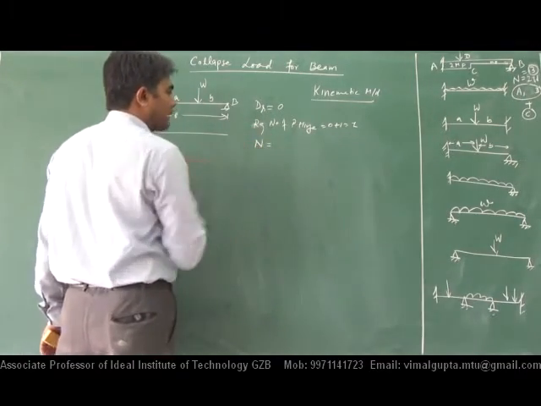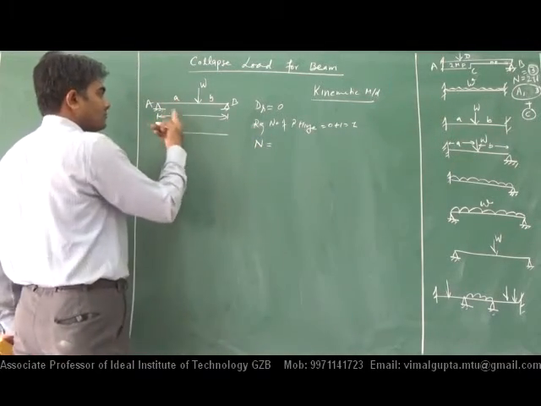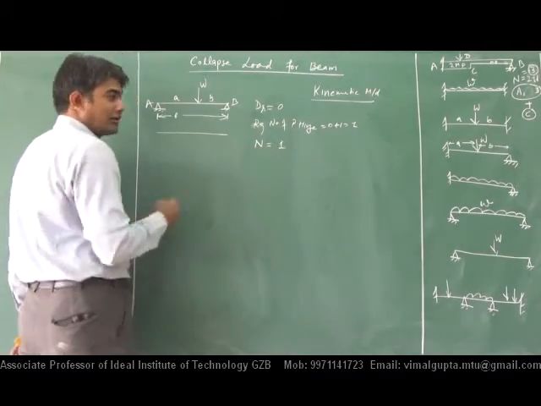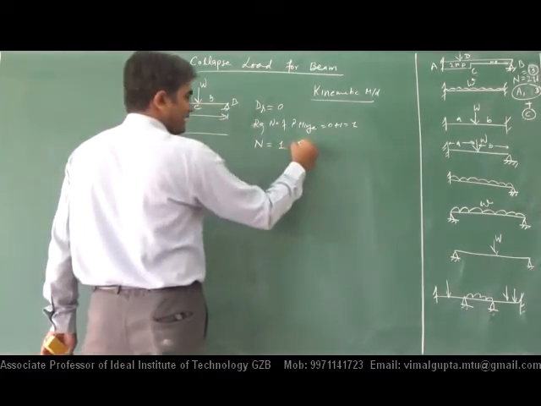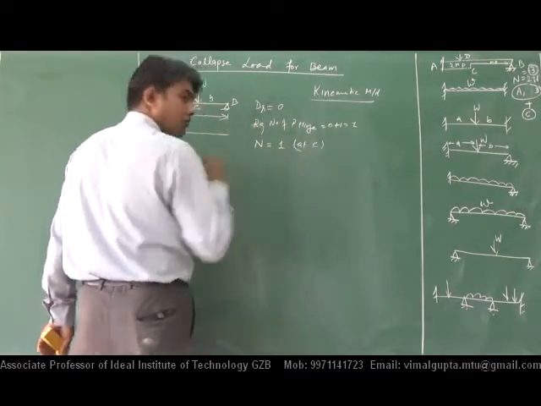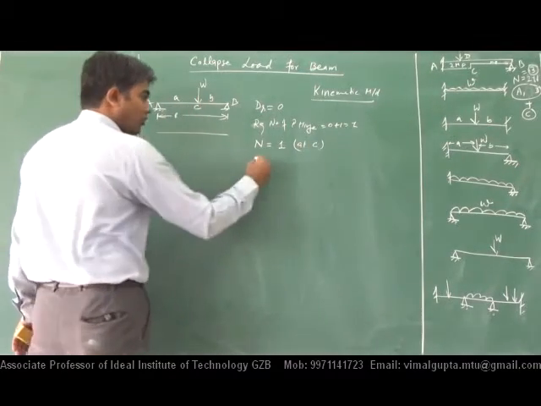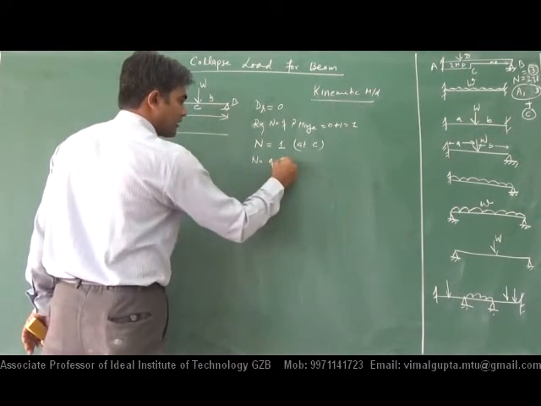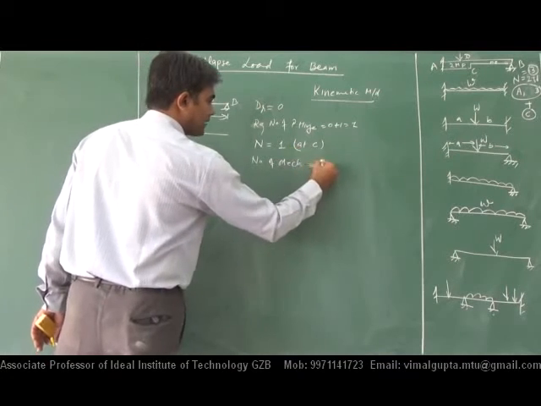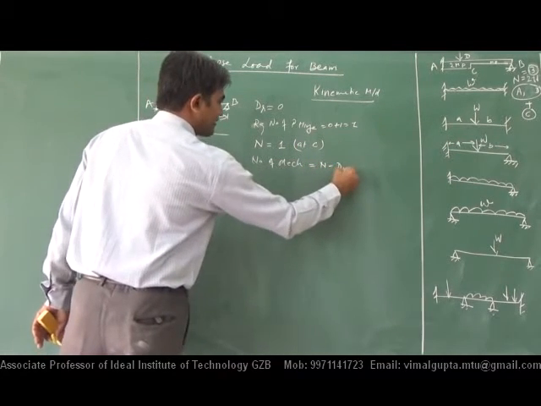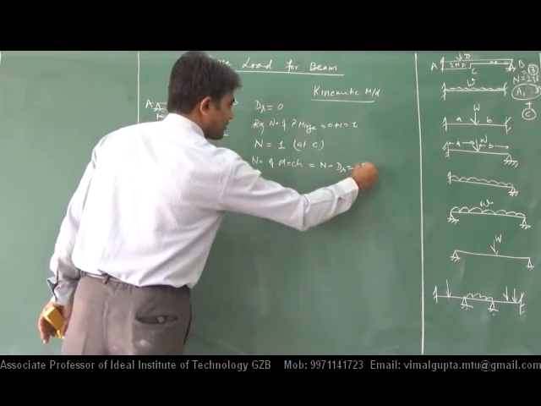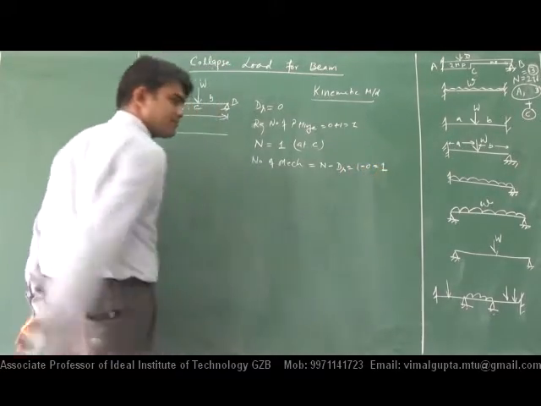So the value of capital N is only 1, and if this point is C, then it is at point C. So the number of mechanisms is N minus ds, that is 1 minus 0, that is 1.